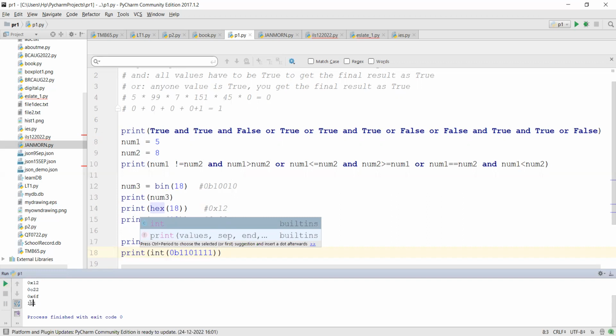See, there is nothing in front of this, that means it's a decimal number system. Is it clear? Fine. So now you should be able to convert any number system into any number system. Yes, no?